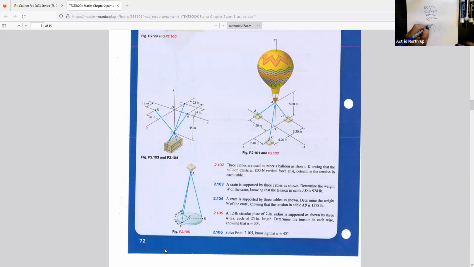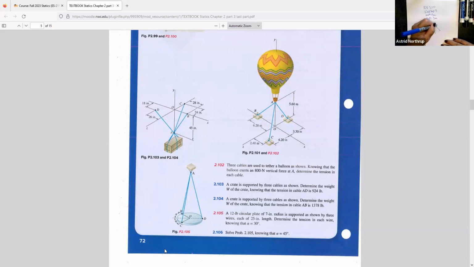We know that each one of those is in tension, meaning that from the point of view of the plate down here, they're going this way. We are further told that the radius of this plate is 7 inches and that the length of each cable is 25 inches.